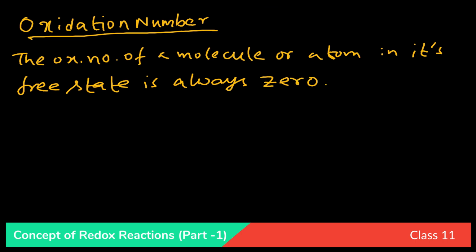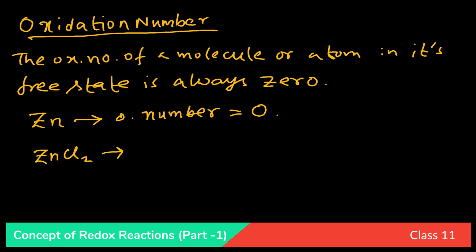If I talk about only zinc, that means it exists in its free state, so for zinc the oxidation number will be equal to 0. But if I say ZnCl2, here the oxidation number of zinc will be equal to how much? It is +2.